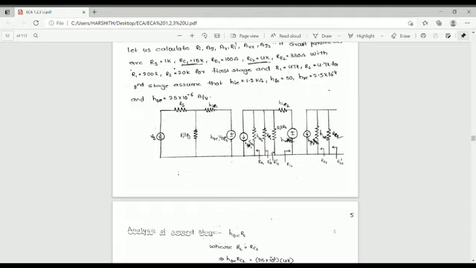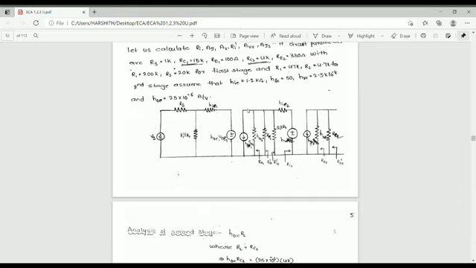So this is R1 parallel with R2 and this is the hie, input resistance. hie is the input resistance, in series with the voltage source. That voltage source is hre Vce. Emitter is common. So hre Vce, and another one is this, the hoe.